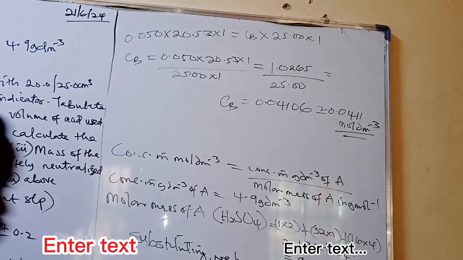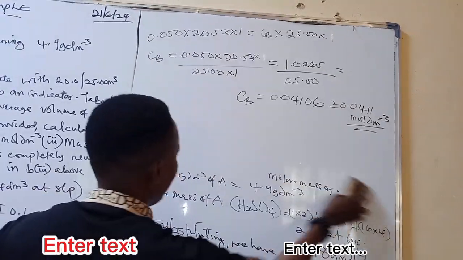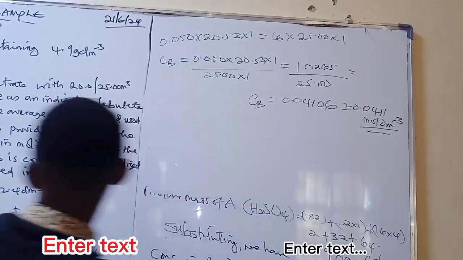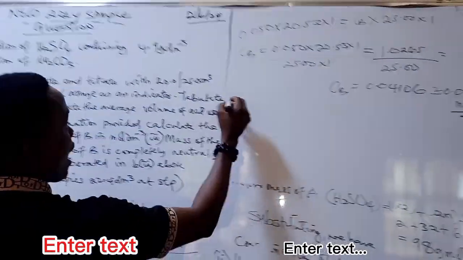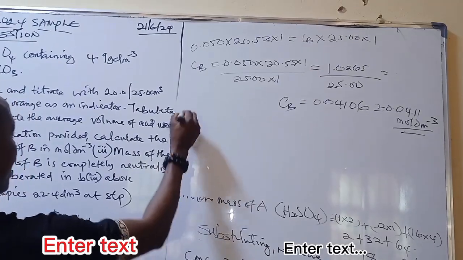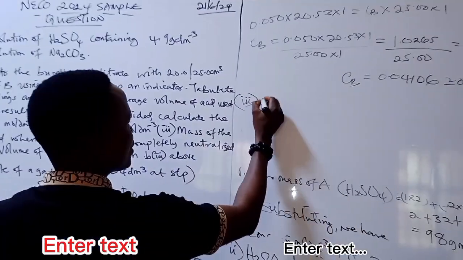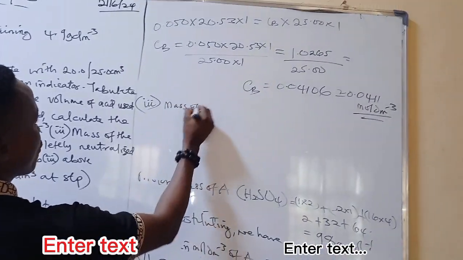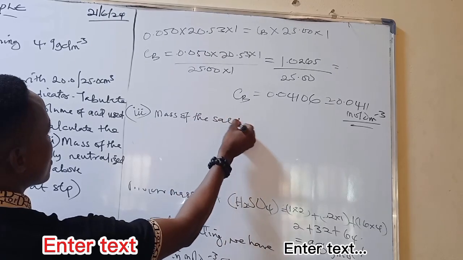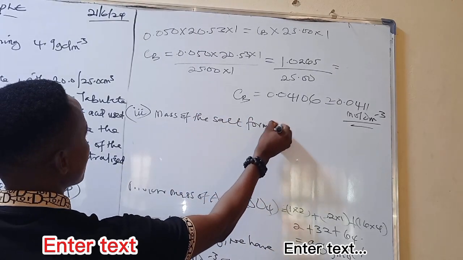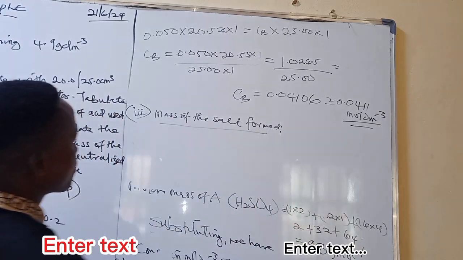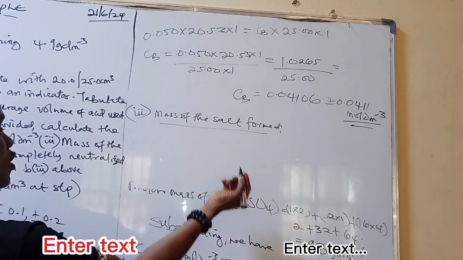Okay, so the next answer will be part III. III says mass of the salt formed. Now here you can write the equation of reaction as well.